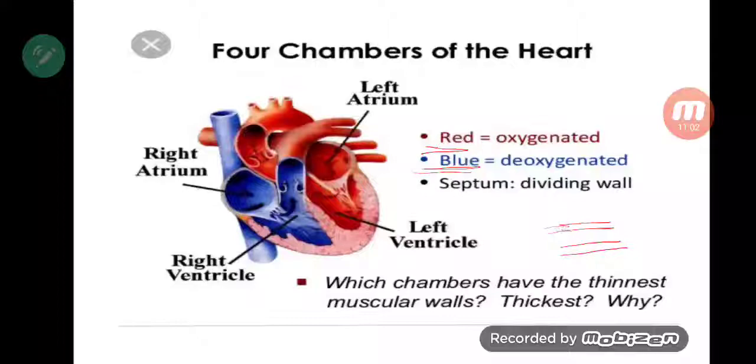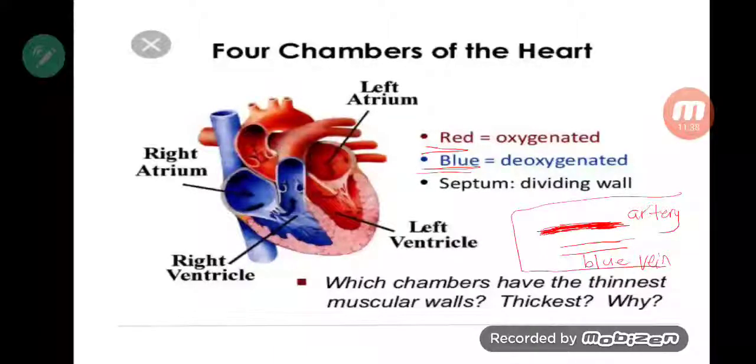The oxygenated blood color always becomes bright red, and the venous blood, because there is less oxygen in the vein, becomes blue in color. Here this is called artery and this is called vein.